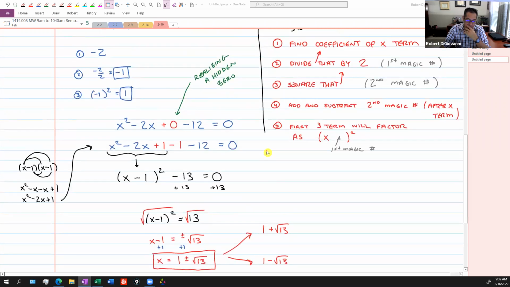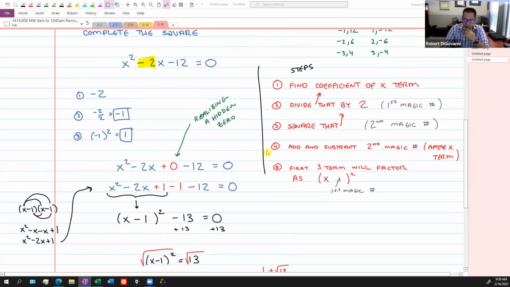All right. There's something I forgot to put in the very beginning of this, step 0. So I'm going to have to come up here and put step 0 in. Steps. Step 0: you must have 1 as the coefficient on x squared.